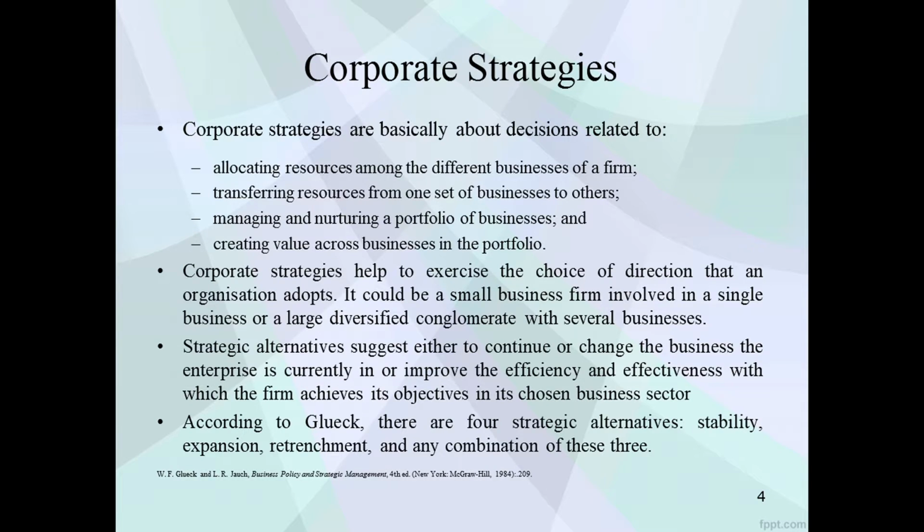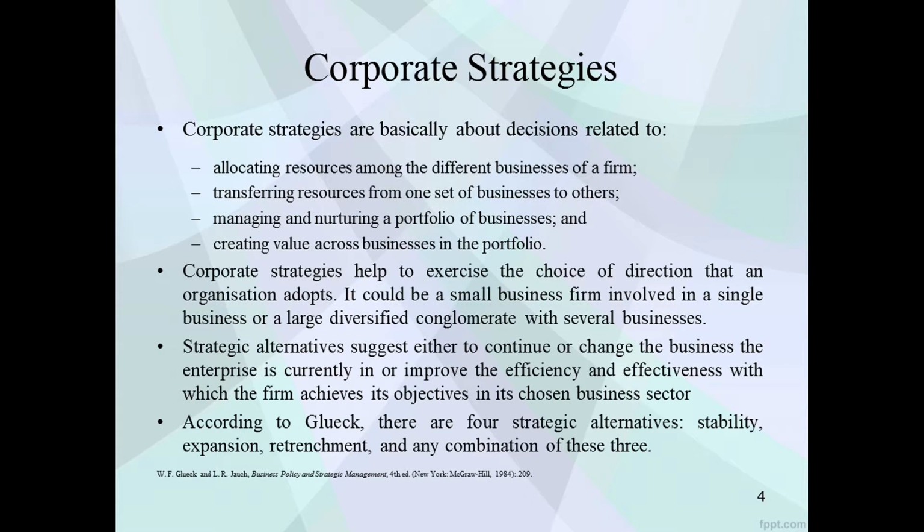The end result of all of these strategic decisions has to be to create value across the business portfolio and to create profits. This choice of direction that a company undertakes can be for a single business or for the diverse businesses that a company handles.